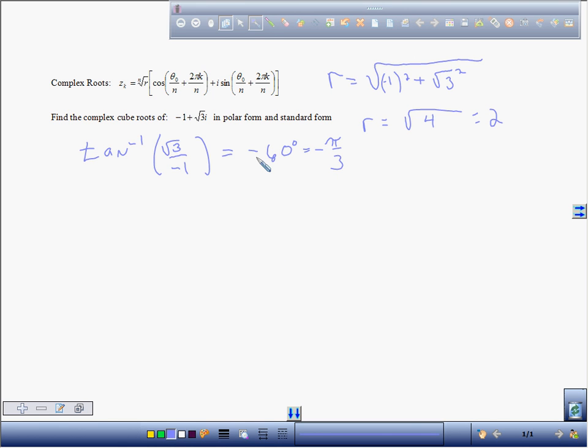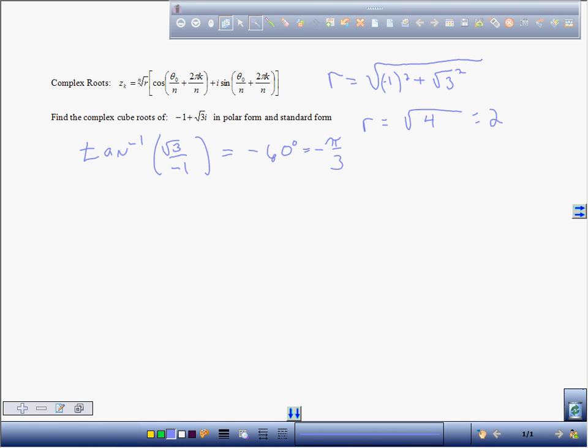But here is a good rule to remember, okay? Since this point, -1, root of 3, is in which quadrant? It's in the second quadrant, right? And -60 is in which quadrant? The fourth quadrant. So you have to add 180.